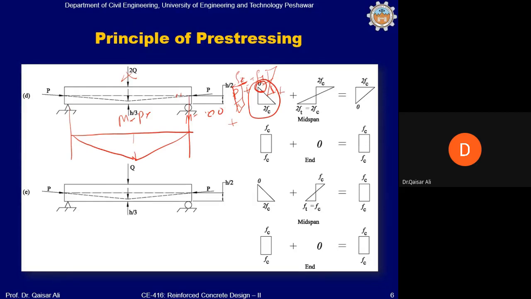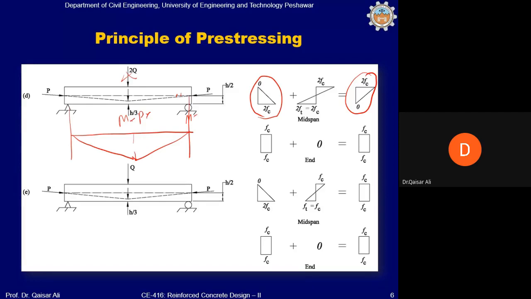So this state of 0 and 2Fc will not be the same everywhere. However, at the mid-span, this will be 0 and 2Fc. Now, at the mid-span, we can see that we will have a state of stress 2Fc and 2Ft produced by the load. So it will give us 2Fc and 0 as was happening in the previous case.